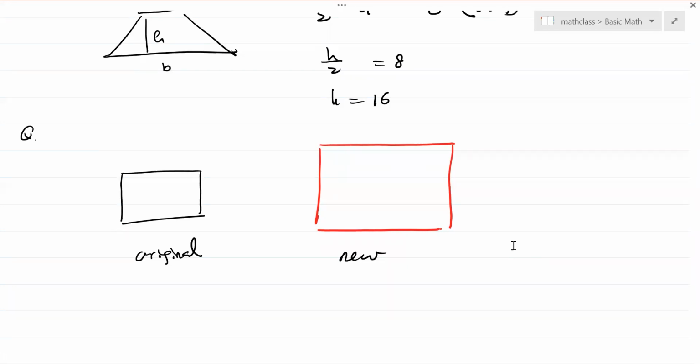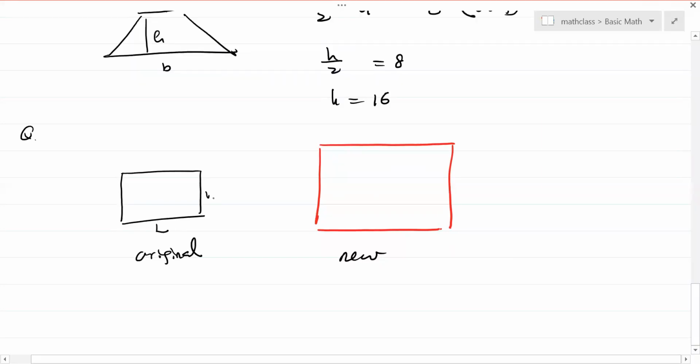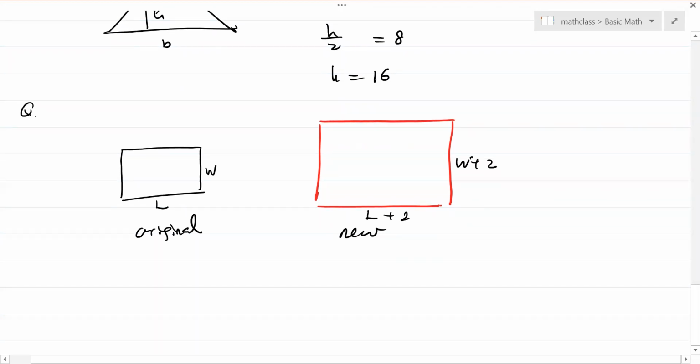First of all, let's write down here. The length, that's called L. The width is W. The length L is increased by 2 units, add 2, right? W, you add 2. So this is the new one, 2 units each, okay?